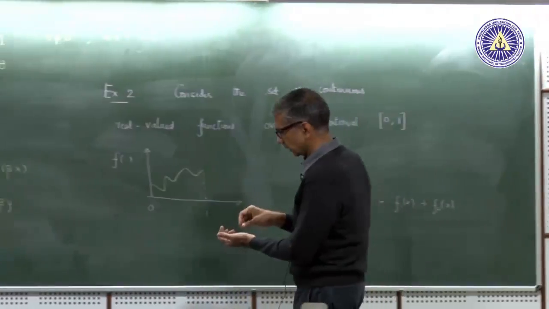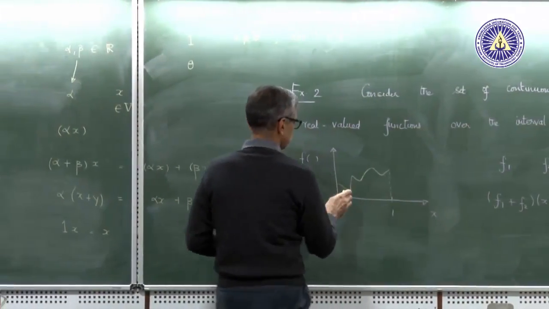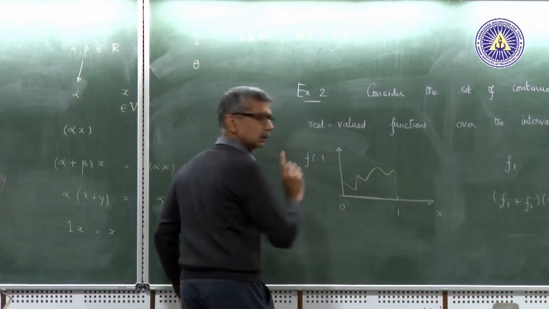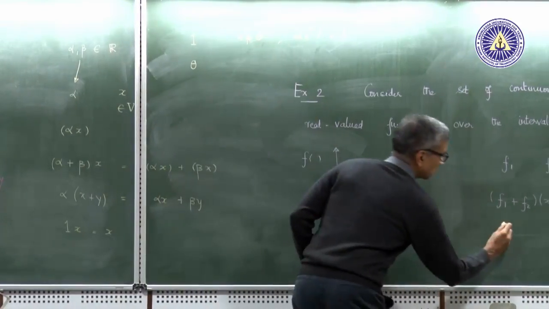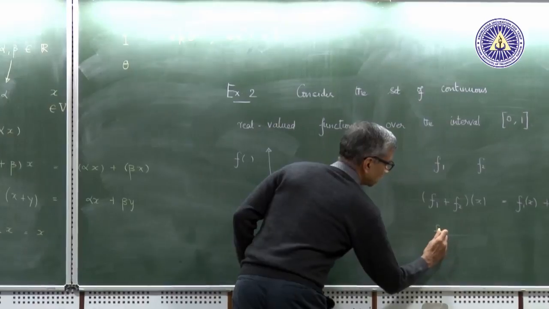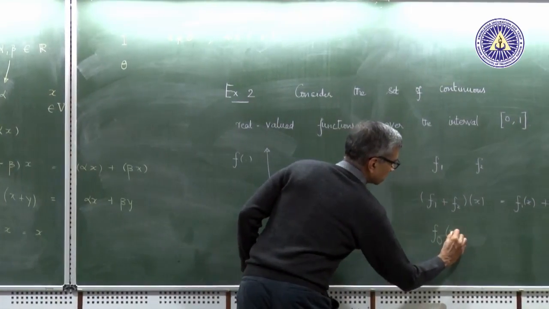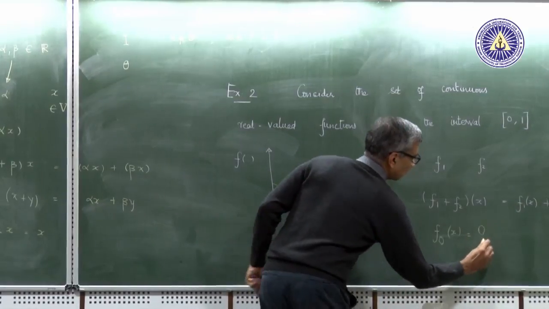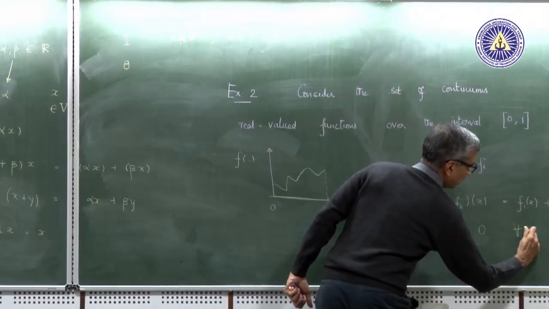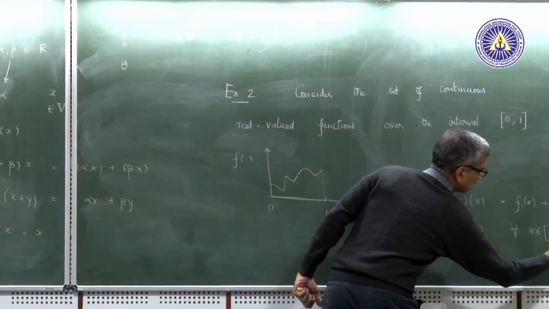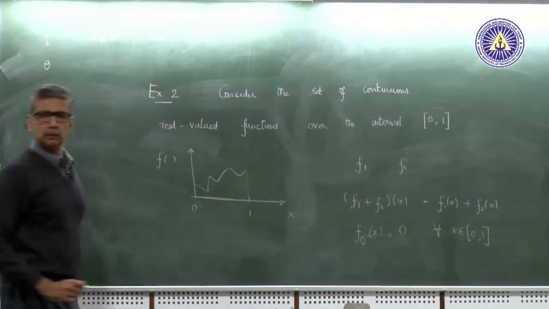So, it is a function like this, zero everywhere. So, let us call it f0, f0 of x equals 0 for every x in this interval, correct?